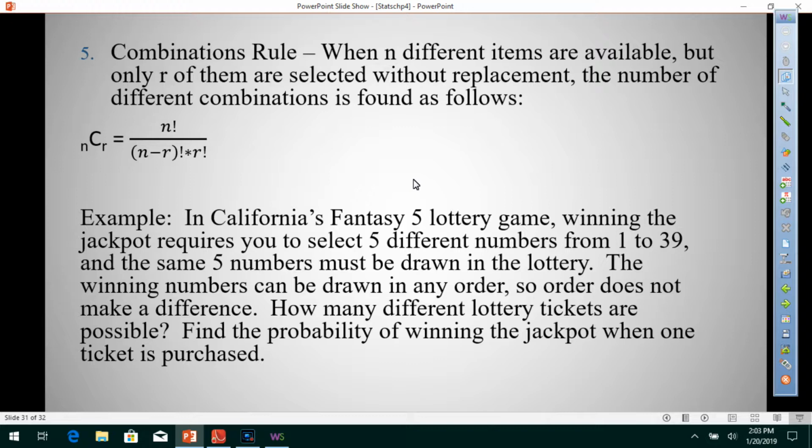Combinations rule. When n different items are available, but only r of them are selected without replacement, the number of different combinations is found as follows: nCr.